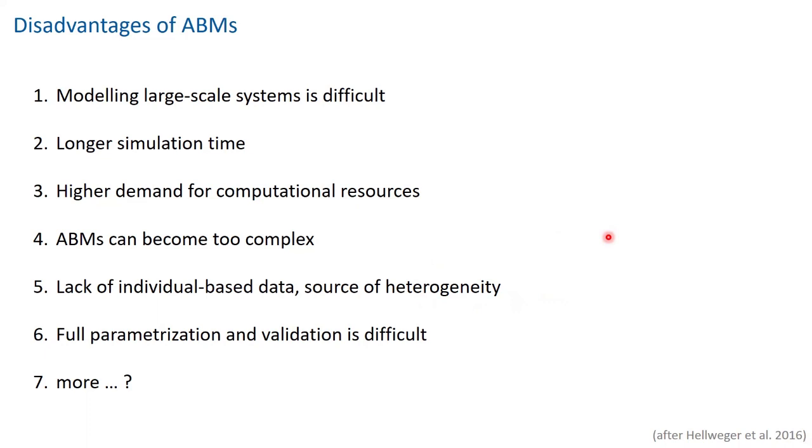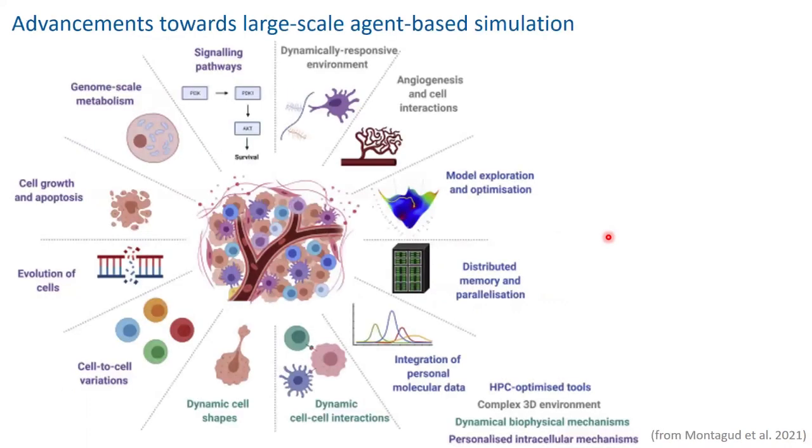So you have to make assumptions, but parameterization and validation is still really difficult. But maybe we have hope that future technological, scientific and computational advancements will allow us to build more accurate and more realistic agent-based models.